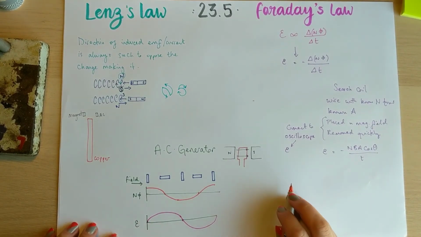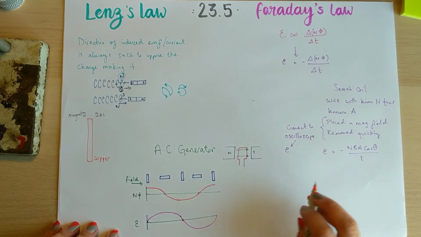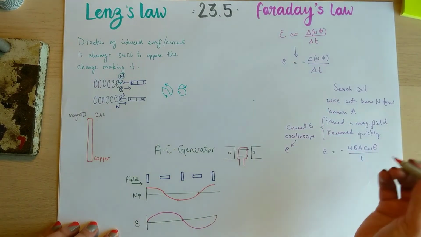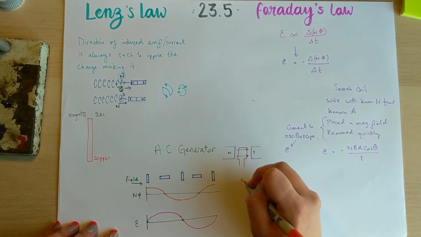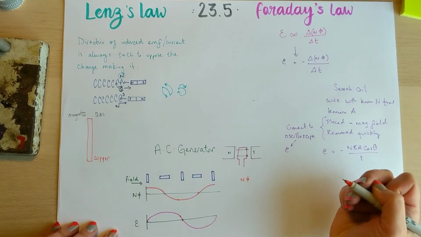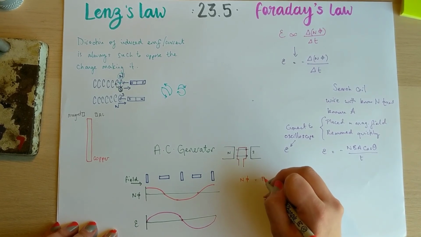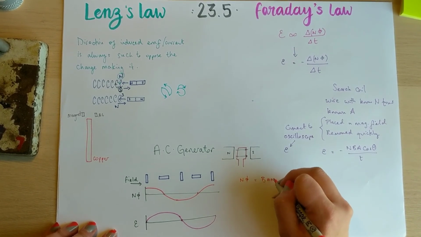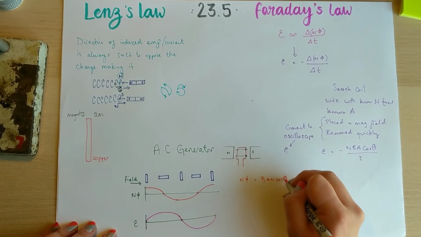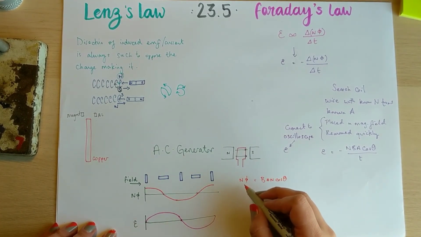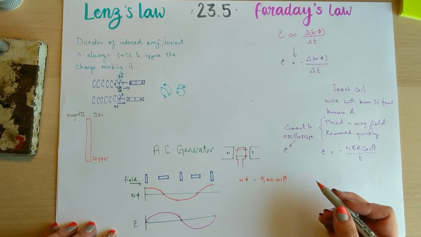We can think about this mathematically as well. Going back to last lesson, we know that NΦ is equal to BAN cos θ, and we know that this changes with time as the coil rotates.